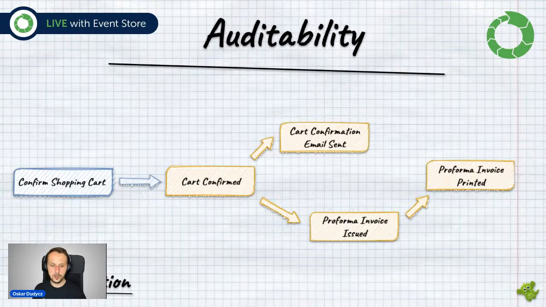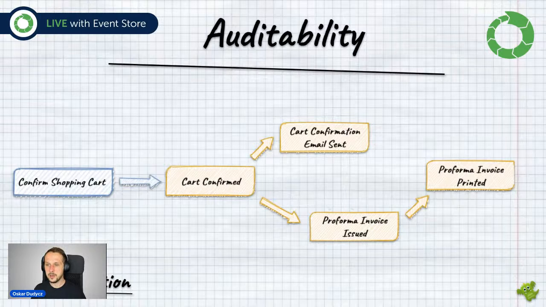So besides the correlation ID, to know all events and all the facts that were generated by the specific request, we can also keep information about what caused the specific event. So for example, for card confirmed, we can store as causation ID the correlation ID of the confirm shopping cart command.